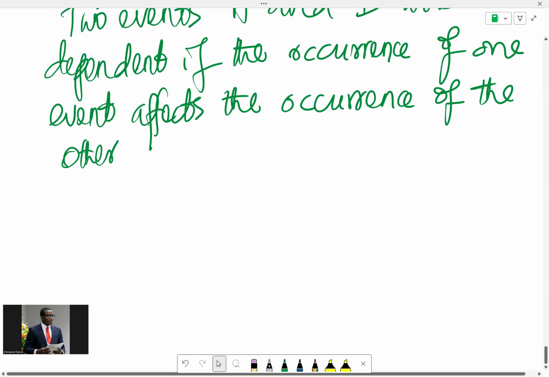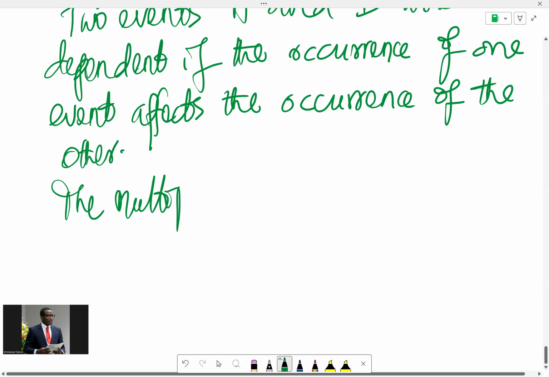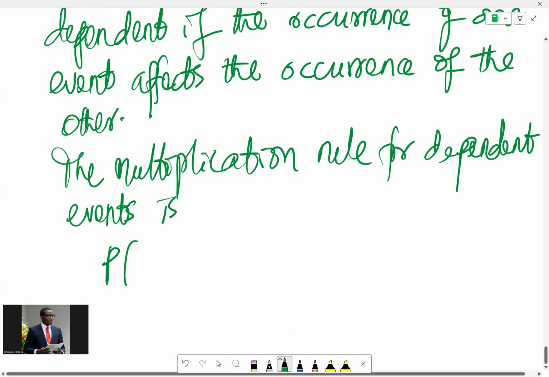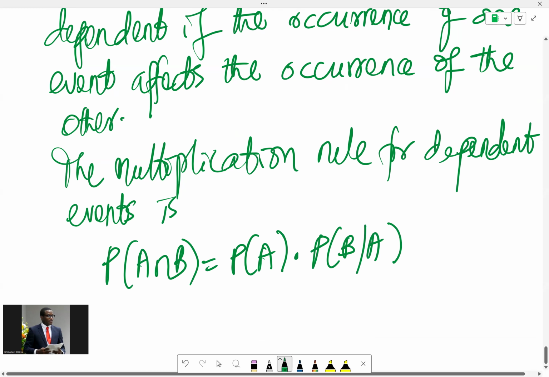So in this case, the multiplication rule for dependent events is probability A intersection B equals probability A multiplied by probability of B, given that A had happened.